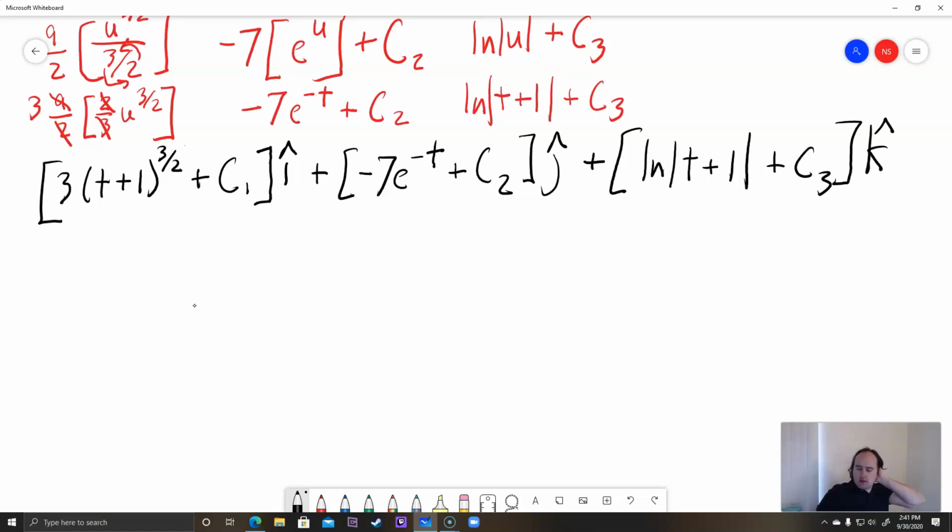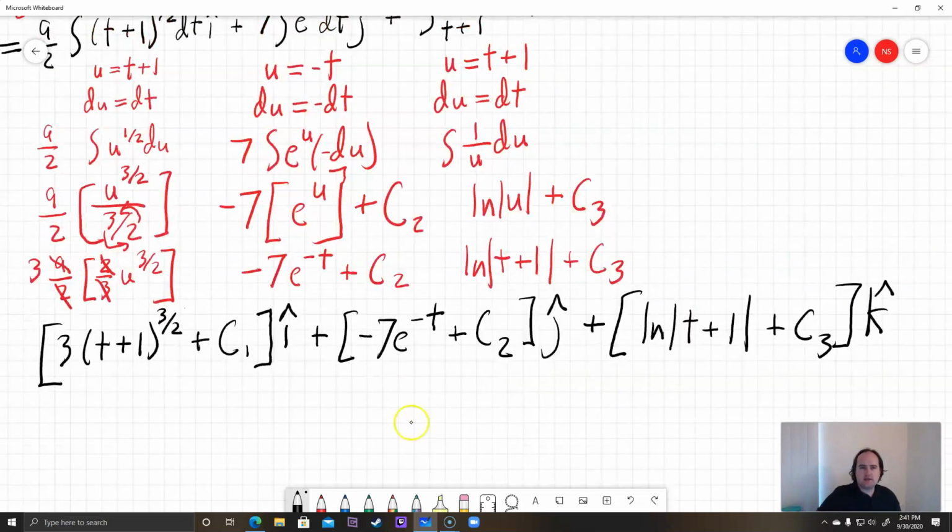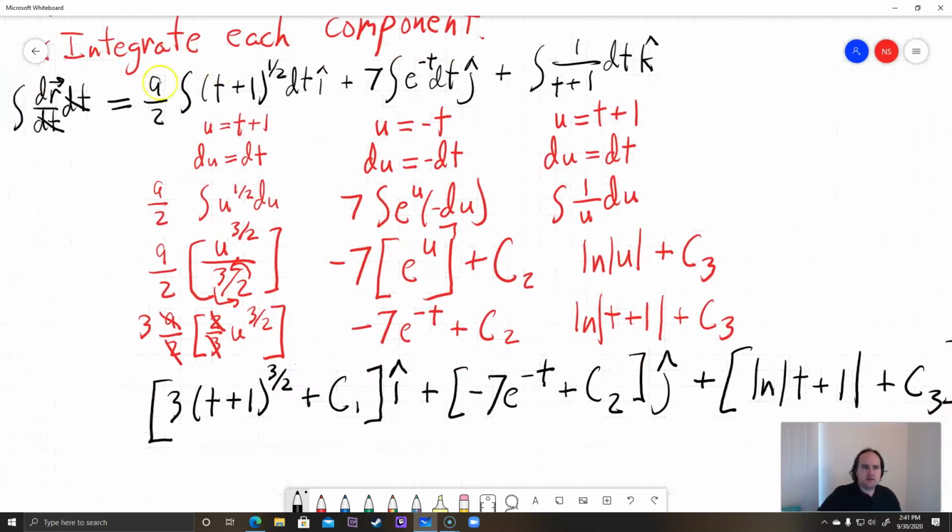Now you might wish that you were done, but you're not actually done here. This is our vector function, and since we integrated dr dt, that basically just means the dt's cancel and this d cancels, and you get your vector function r. So the integral of a derivative is the actual function.